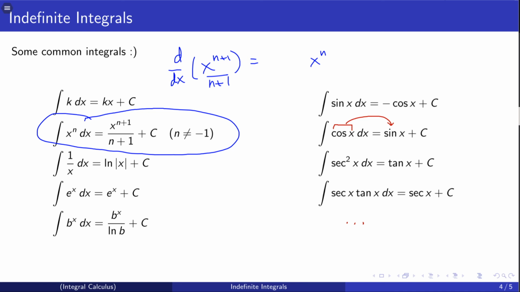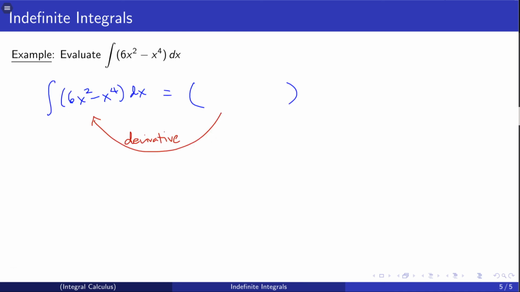So for 6x squared, what happens there? Well, x squared becomes x cubed divided by 3 when you take the antiderivative. What happens to 6? 6 is just there, right?